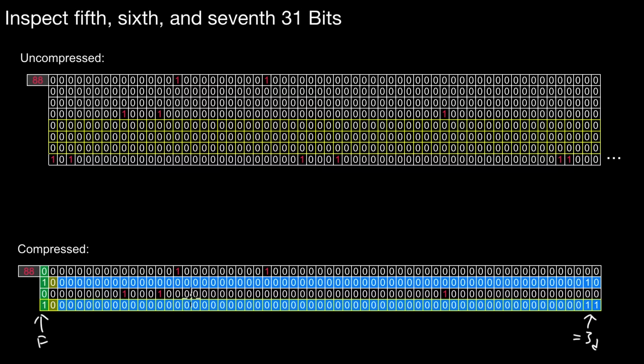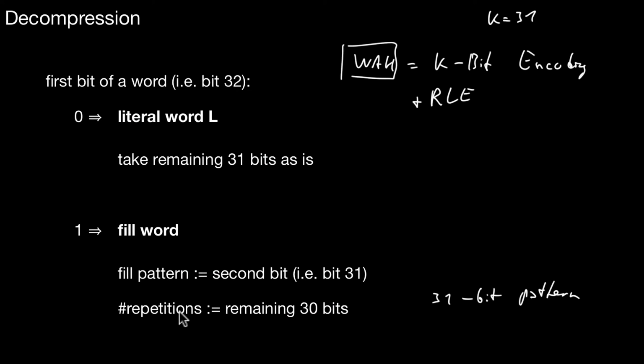So you could say, just up to here are the repetitions, and then you store some other metadata here, maybe a more complicated repetition pattern, rather than just one bit signaling the pattern to use. That is what some of those methods do. There are other tricks you can play, but the basic idea of word-aligned hybrid is what I just explained.